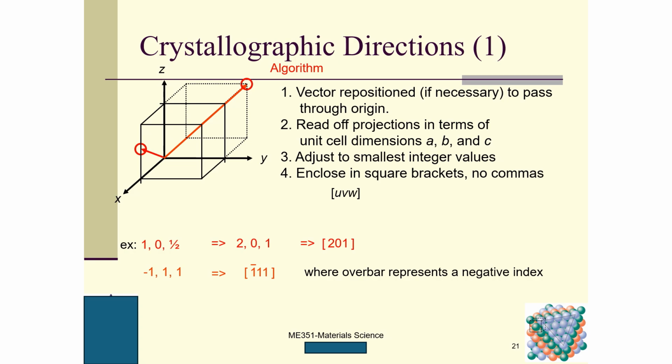And then we write this as [1 bar 1 1], because the direction does not have a negative value. If we have a negative value, we just delete the negative sign and put a bar over the same number. So we have this result. For families of directions, we use angular brackets, <UVW>.